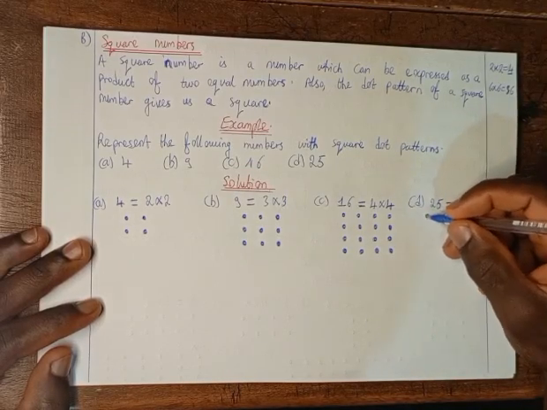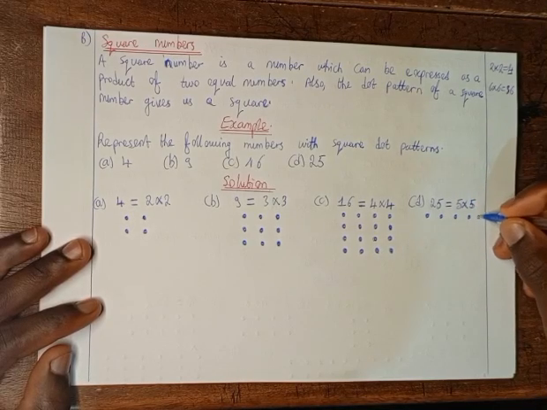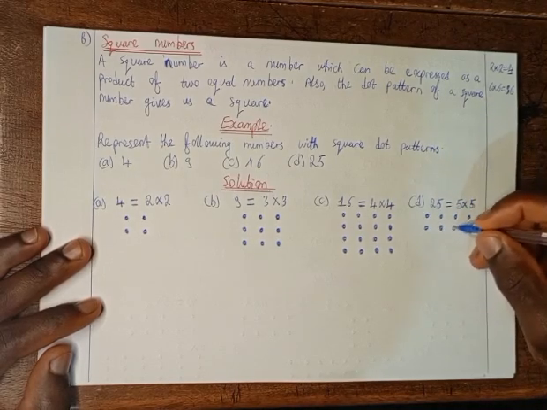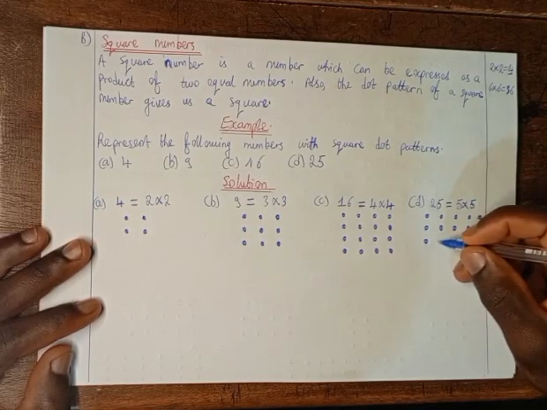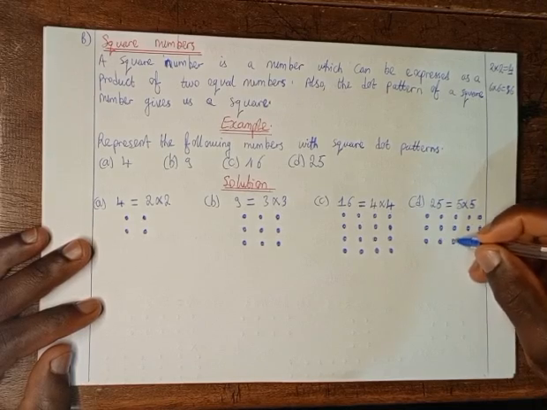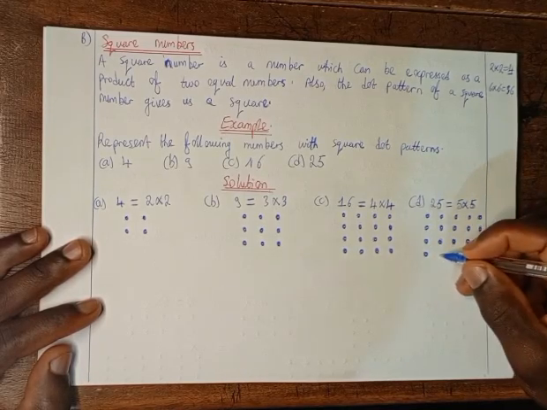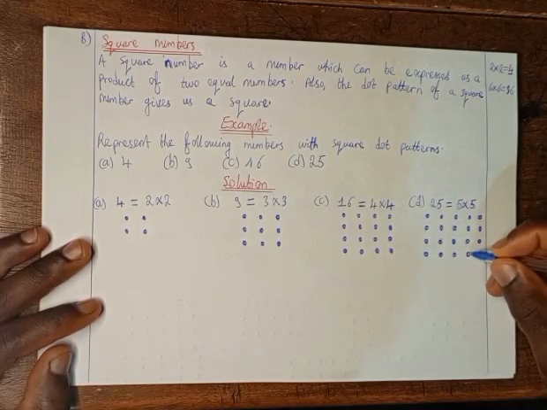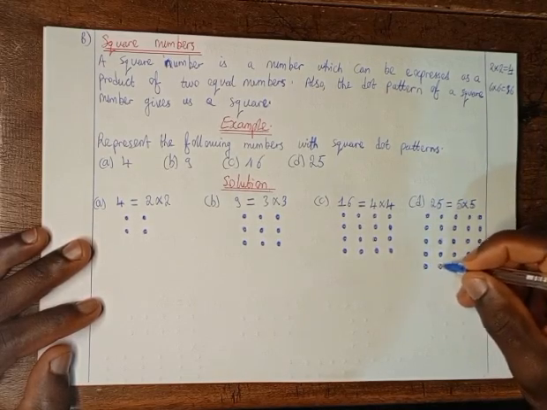In this case, first row has 5 dots, second row 5 dots, the third has 5 dots, the fourth has 5 dots, and the fifth has 5 dots.